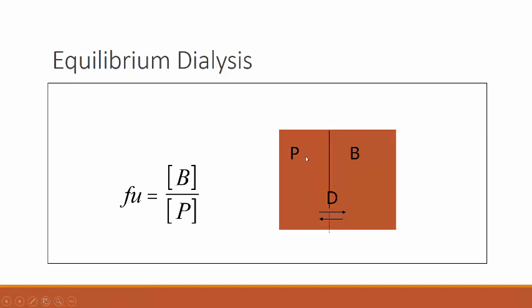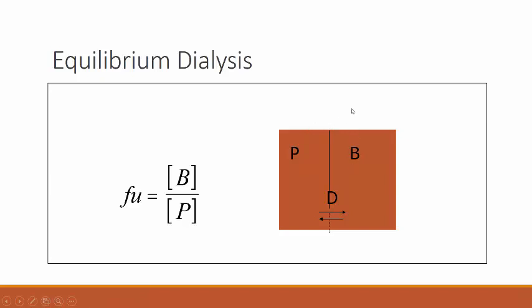So on this side of the dialysis unit would be a protein, like for example albumin, if the drug is bound to albumin, or maybe alpha-1 acid glycoprotein. But the protein alone would be on this side.